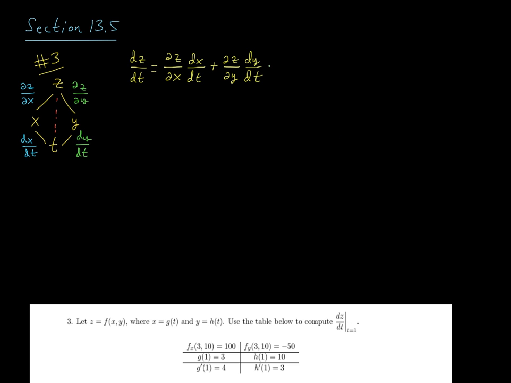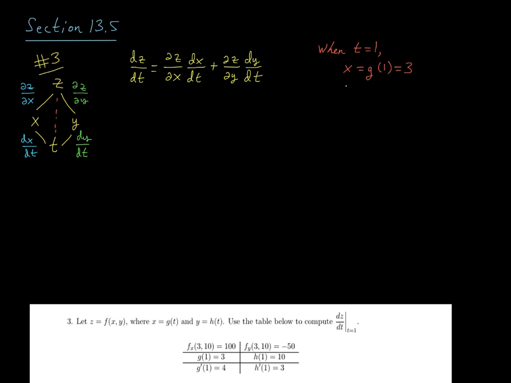Okay, so off here to the side, I'm going to make a little comment. When t is equal to 1, what could I say about x and y? Well, notice x is g of t and y is h of t. So x would just be g of 1, and g of 1 is given in the table to be 3.